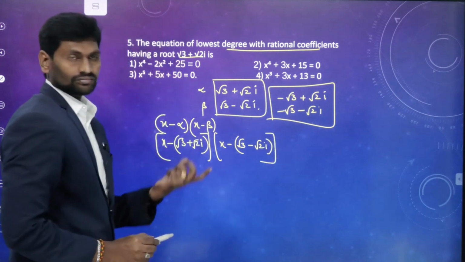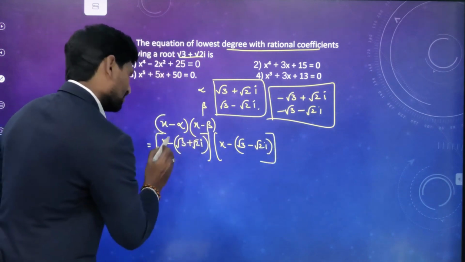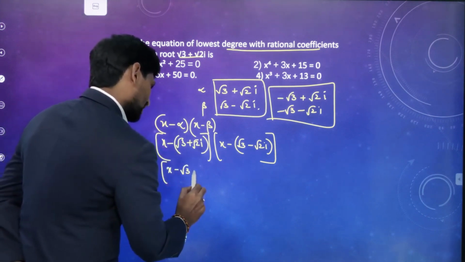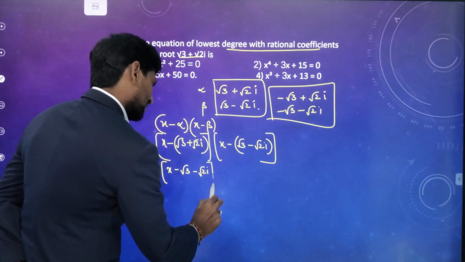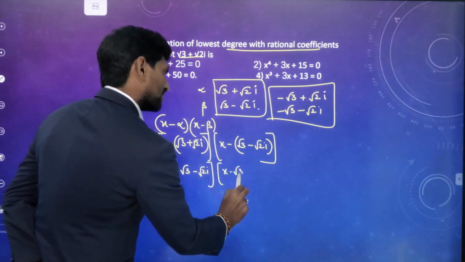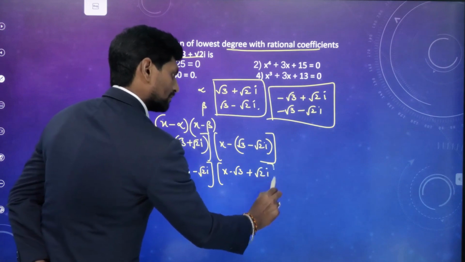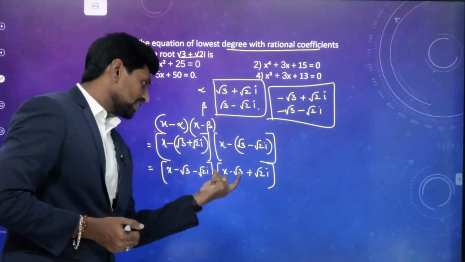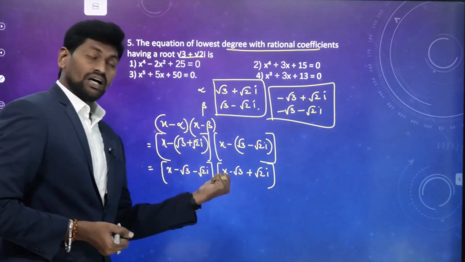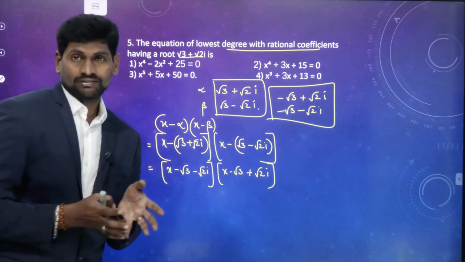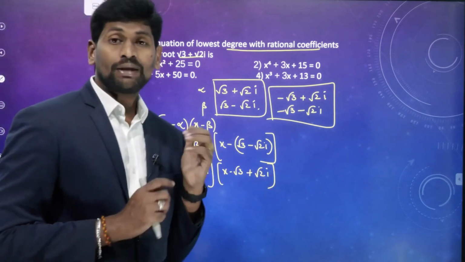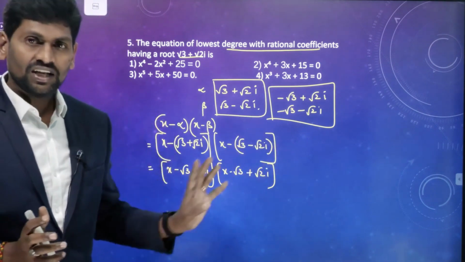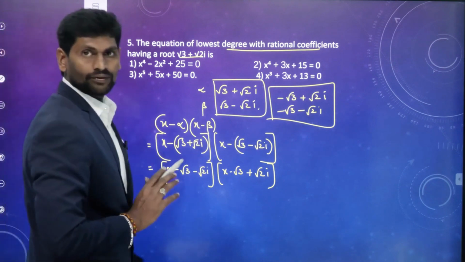Let us simplify this without the minus symbol. Removing this bracket, I am writing x minus root 3 minus root 2i and x minus root 3 plus root 2i. Same as the previous problem: in the first bracket, the first two terms are the same, and the second terms are the same, only the symbol changes between them. So it is in the form of a minus b into a plus b, which is a square minus b square, one of the algebraic identities. Let us apply here.